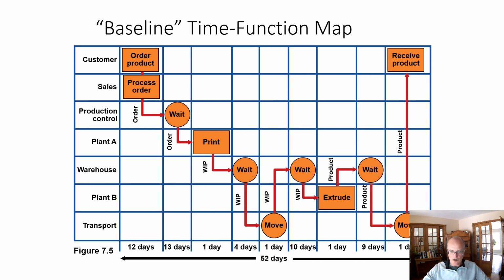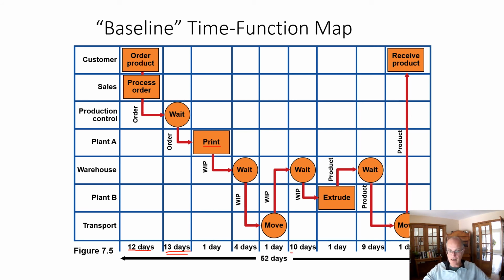So here it says how long each of these steps take. We have, in fact, 13 days from when the product is ordered to when the product is printed. So is there a way we can improve the scheduling so that we can get that done more quickly?